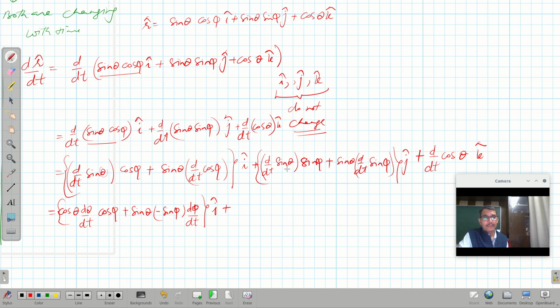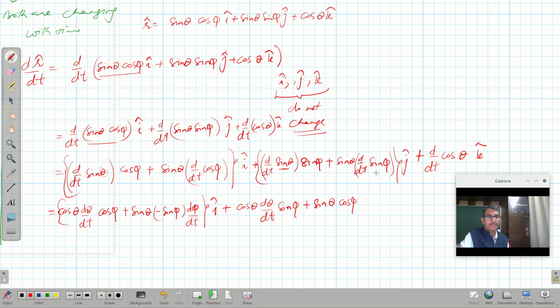Plus here the derivative of sine theta will be equal to cos theta and d theta upon dt, and sine phi will remain as it is, plus sine theta, and the derivative of sine phi will be cos phi.